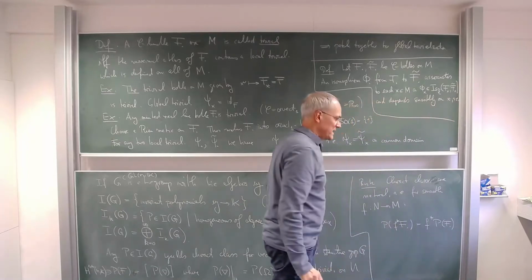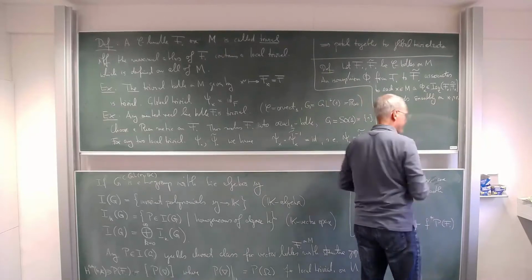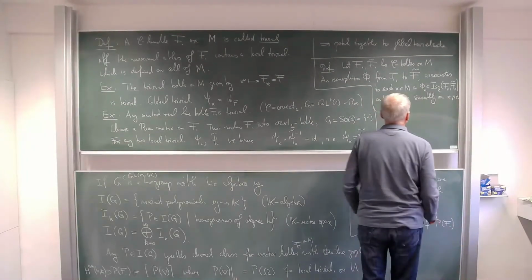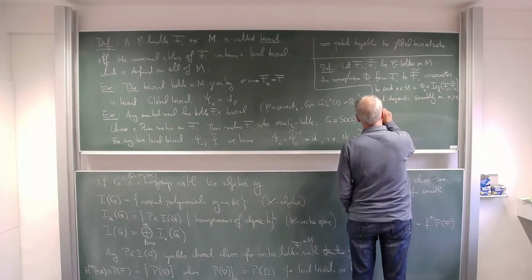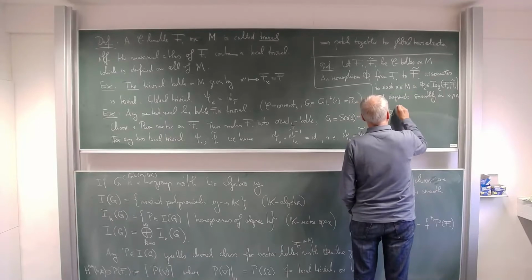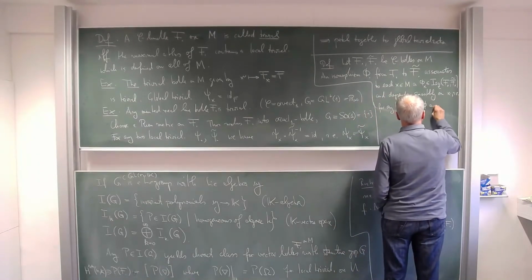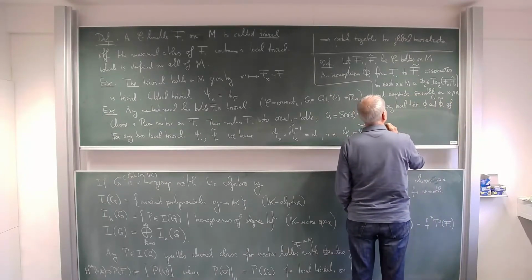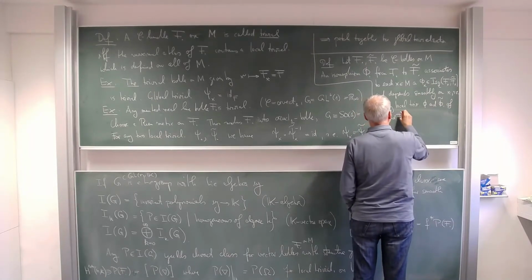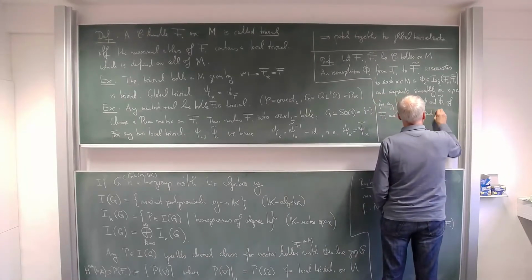And one way to say it would be to say for any local trivializations of the two bundles, phi and phi tilde of F and F tilde over U and U tilde respectively.